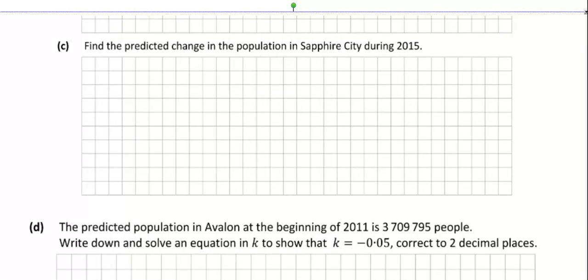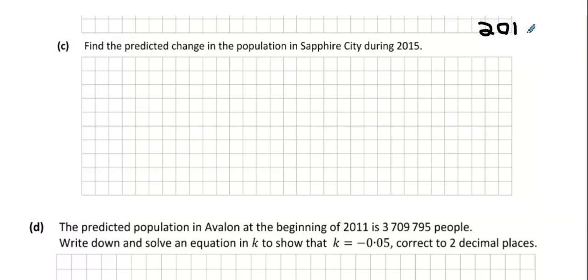Now, find the predicted change in the population in Sapphire City during 2015. So does that mean start of 2015 and then end of 2015, which is technically the start of 2016? What happens if I get the population at both times and just take them away from each other? That will tell me the population growth for that year. I already know what t equals 5 is.